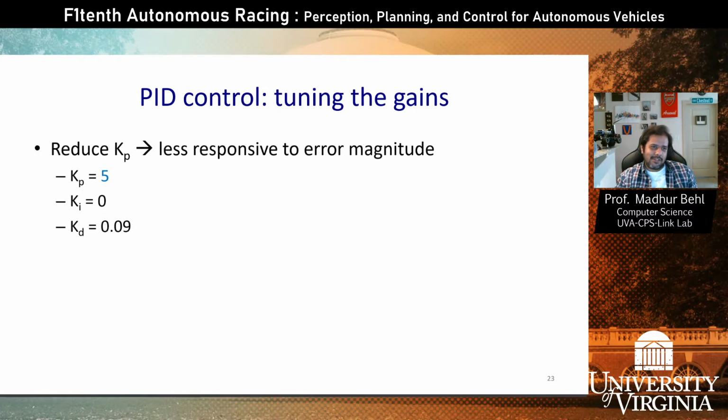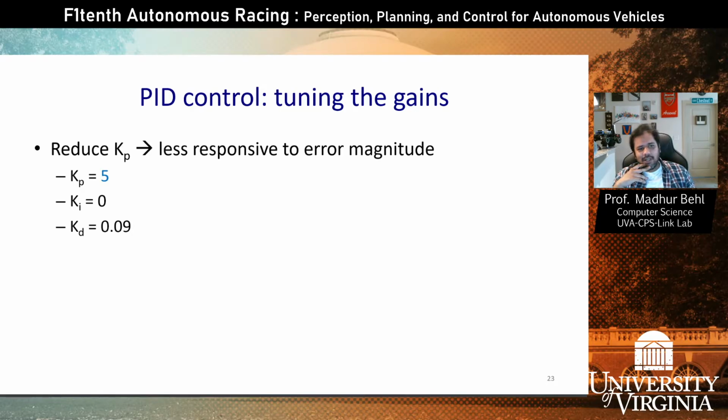In the previous, sort of optimal, value it was 14. Here I'm reducing the value by almost a third. So before I show you the result, what do you expect is going to happen? Everything is still the same, but only the proportionality gain has been reduced from 14 to just 5. So what would we expect is going to happen as a result of that?